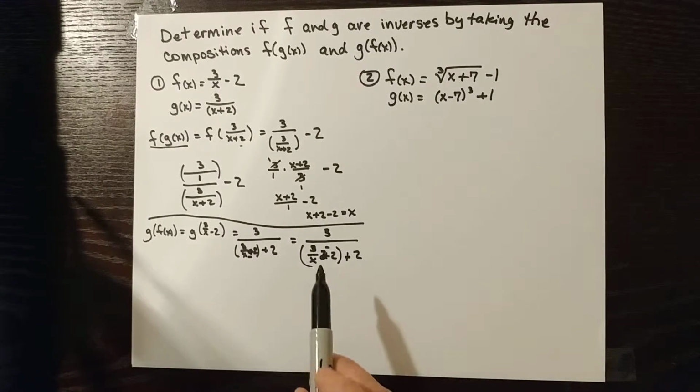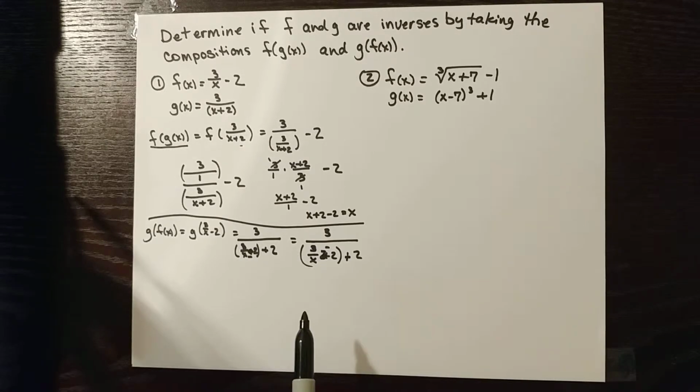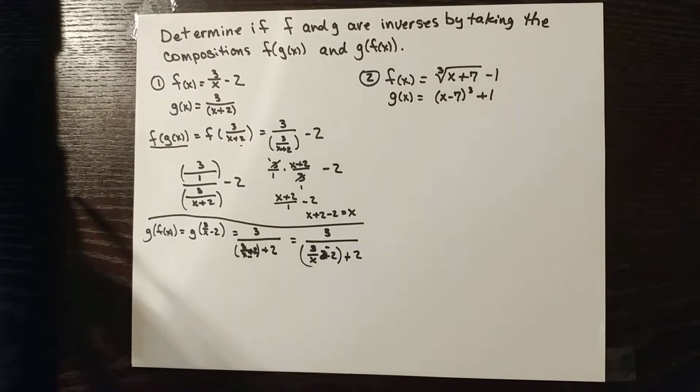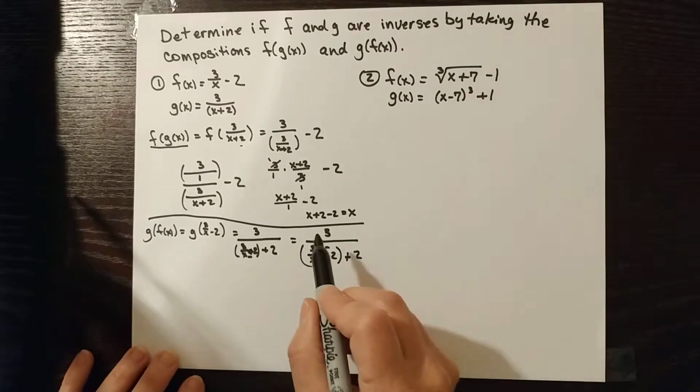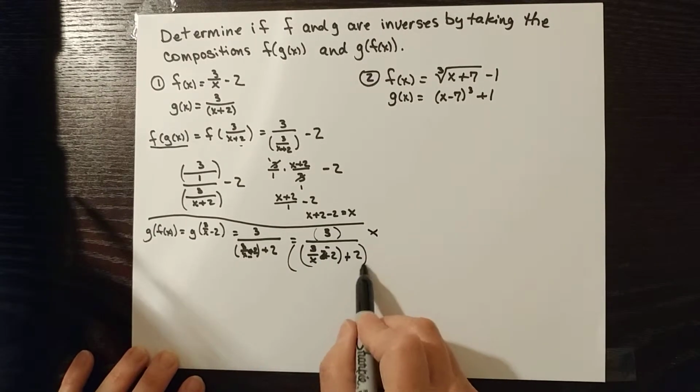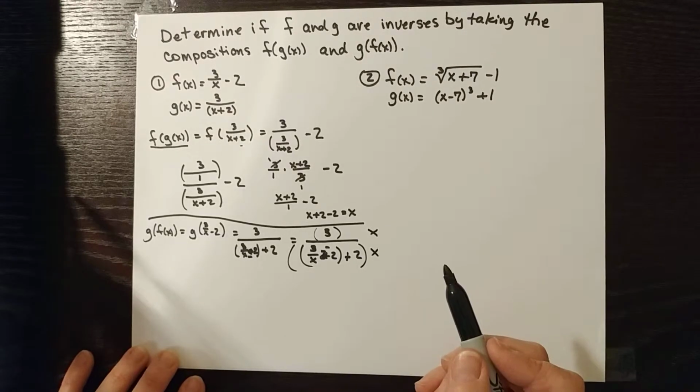The numerator is a 3, which does not have a denominator. In the denominator, I see this 3 over x. So the lowest common denominator will be simply x. So I'm going to multiply the numerator by x and the denominator by x.